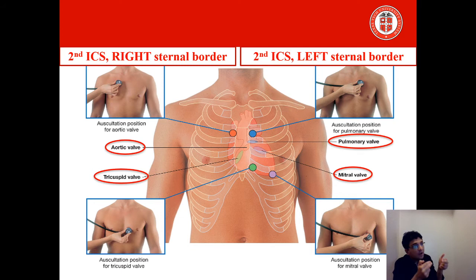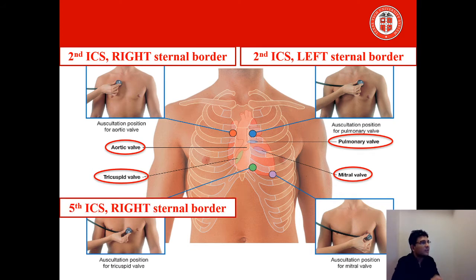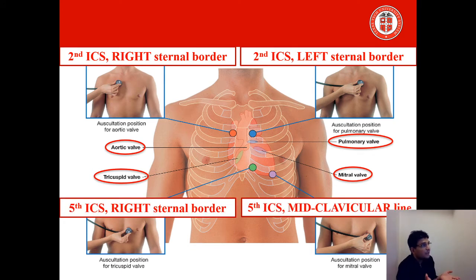If we go to the third and fourth, this is associated with the fifth intercostal space. So you can see that in the fifth intercostal space, this is there on the left sternal border. So on the left sternal border, you have the tricuspid valve, and on the other side, you have the bicuspid valve, which is there on the midclavicular line.